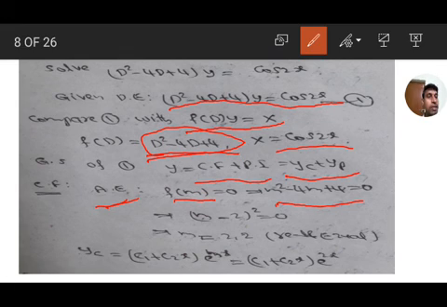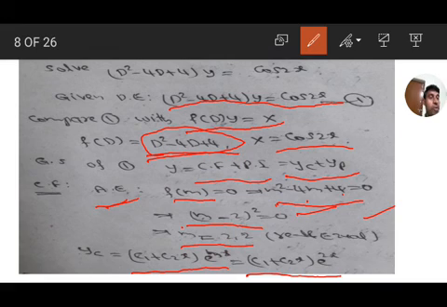Therefore (m − 2)² = 0, so m = 2, 2. Roots are real and equal. Therefore the complementary function yc = (c1 + c2x) e^(mx), that is (c1 + c2x) e^(2x).